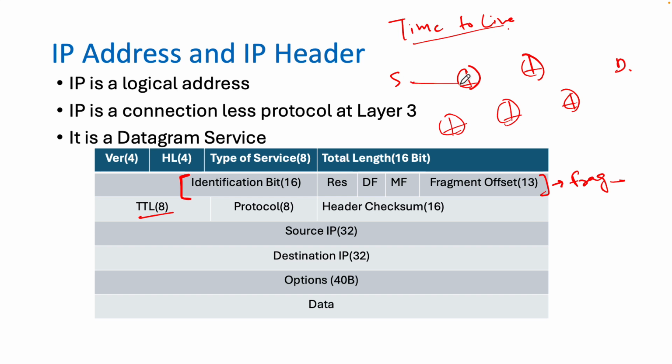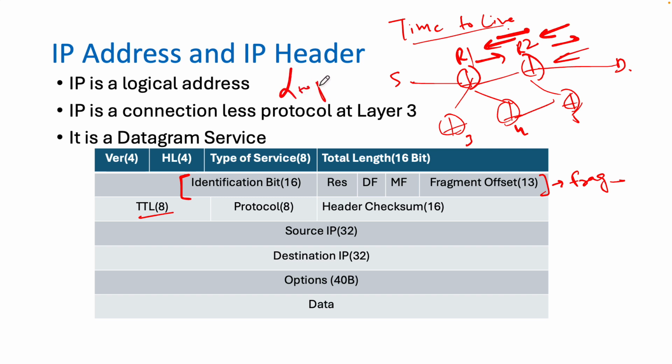You send a packet to this router and it sends it further to this router. Let's say router 2, R2. This is R1, R3, R4, R5. R2 sent it back to R1 because of some routing issue or wrong configuration. Then R1 again sent it to R2, and R2 sent it back to R1. This process kept on happening. So ultimately we need to stop this loop. This is the perfect example of a routing loop.